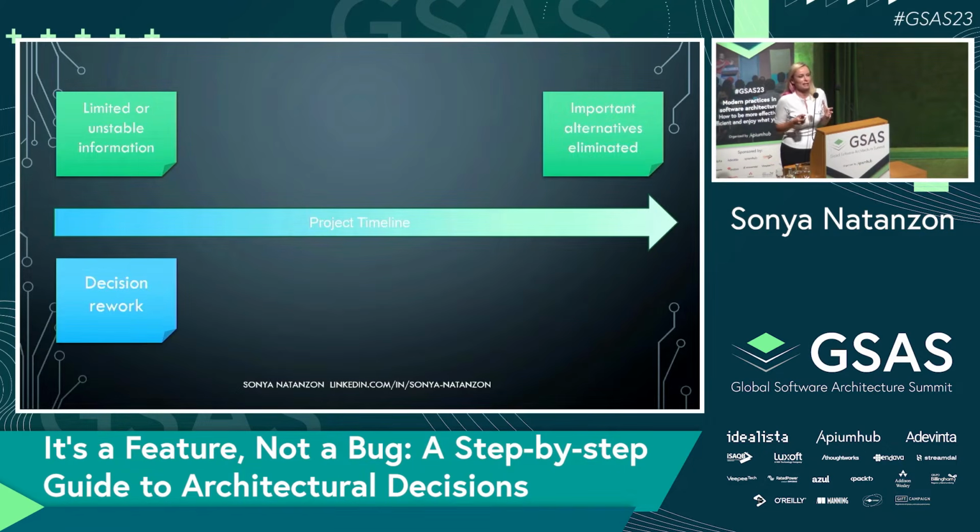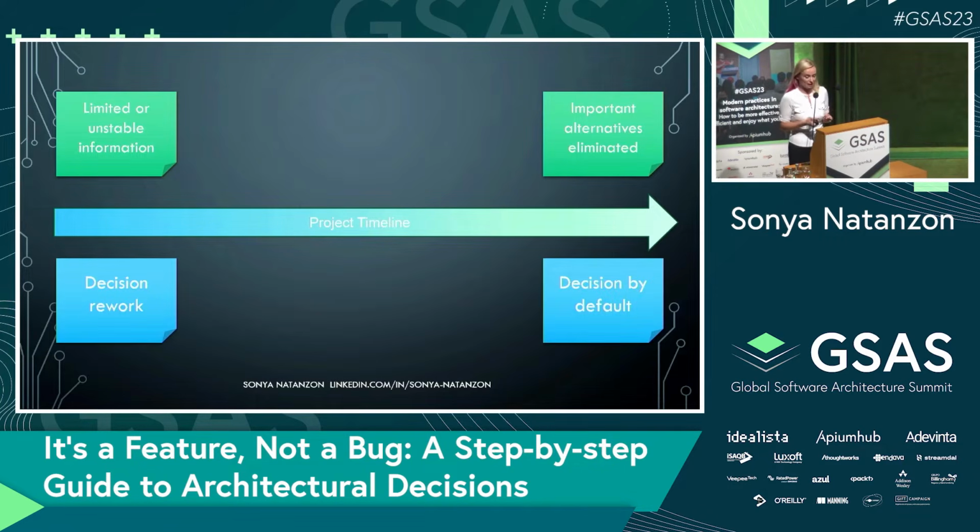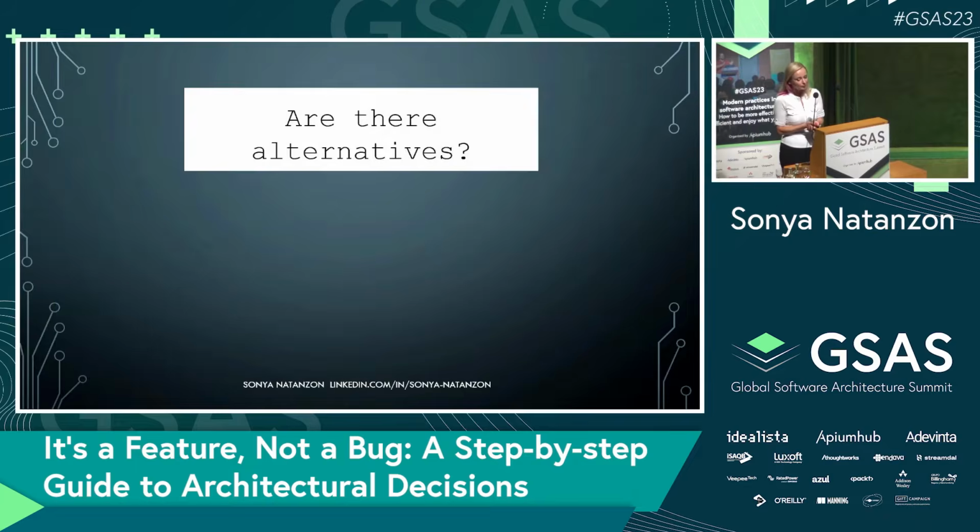Essentially, time makes a decision for you and eliminates important alternatives, so all you're left with is a default decision that fits. And we all know that decisions made by default are rarely the best ones. They're usually the ones that end up with a long tail of maintenance cost or rework and so on.